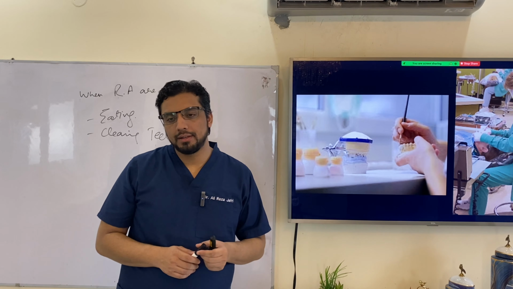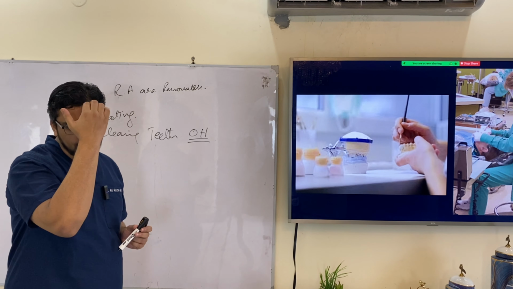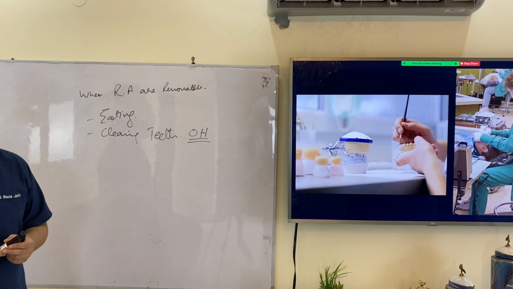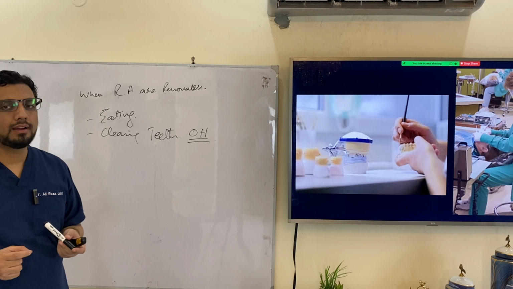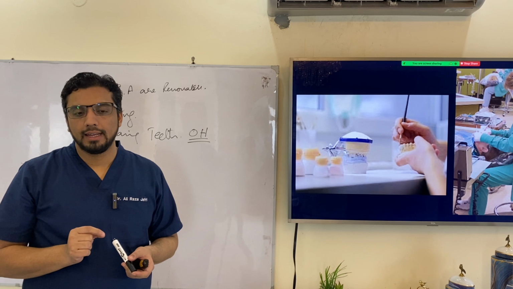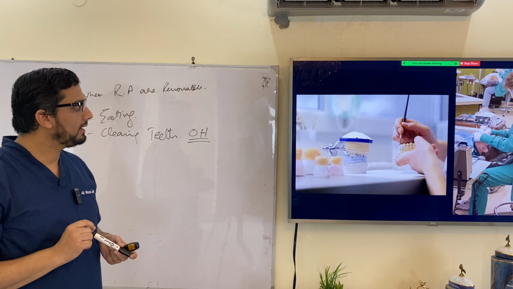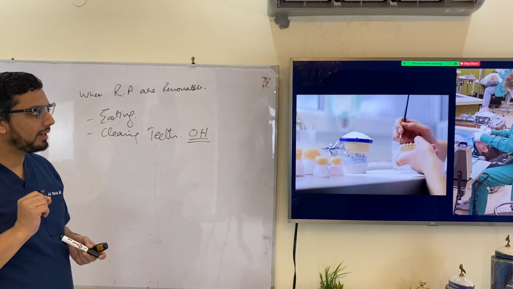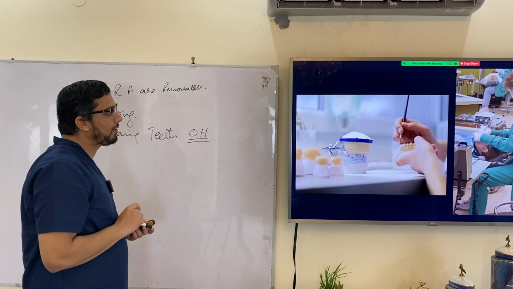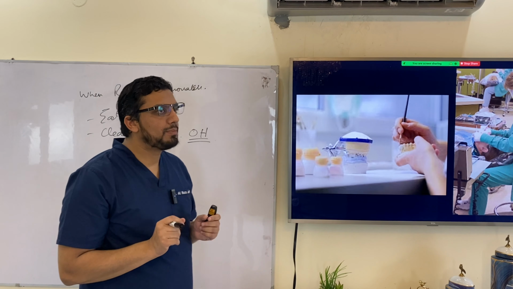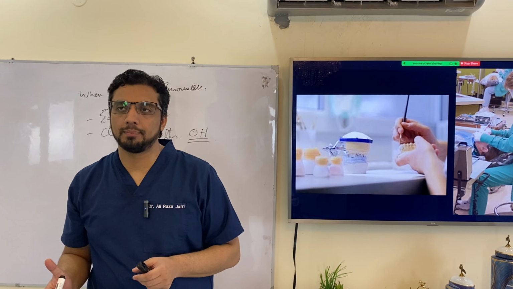Another important comparison between the fixed and the removable appliances is the chair time. As you can see in this slide, the removable appliances are constructed in the laboratory, and in the clinic during the chair time, you just make the adjustment of the appliances and they are not taking too much time.